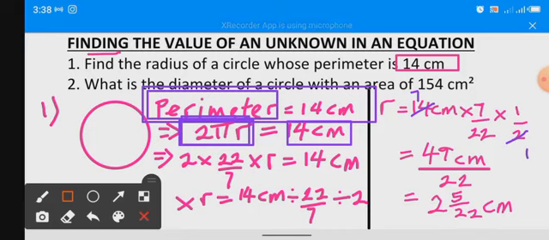Now the next thing you do is substitute. In solving problems, after writing out the letters or the equation, you substitute. Now what is 2? 2 is 2, you write your 2. What is pi?